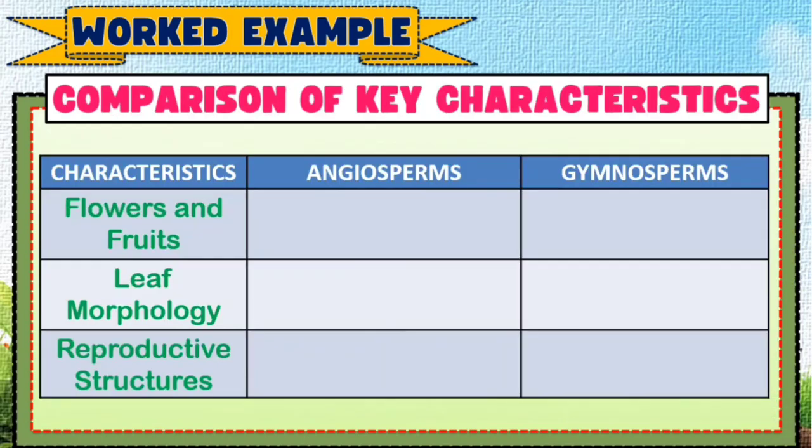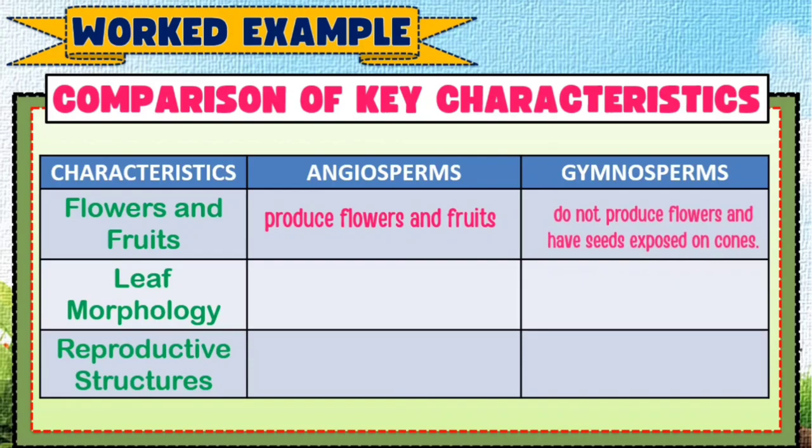Comparisons of key characters. So we have characteristics: flowers and fruits, leaf morphology, and then reproductive structures. Under Angiosperms, they produce flowers and fruits, while Gymnosperms do not produce flowers and have seeds exposed on cones.